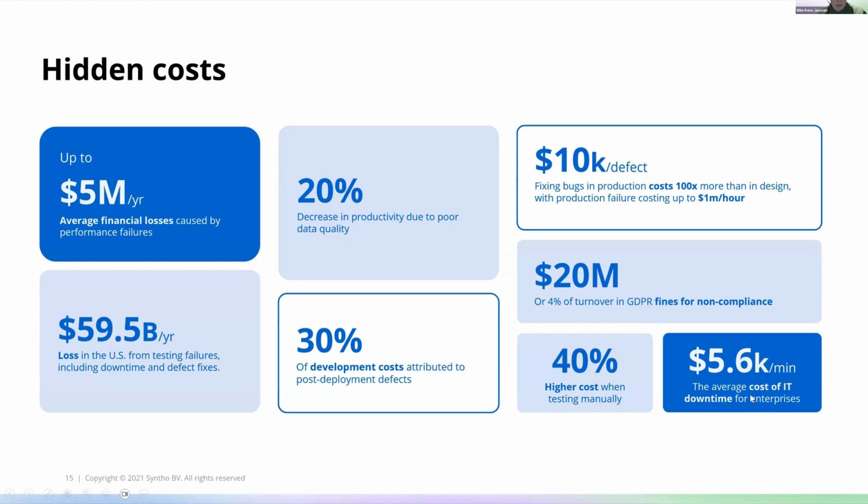Those are some numbers that are good to be aware of: testing and test data is not about finding bugs in itself. It's also about making sure that you do not end up in one of those baskets as an organization. You want to prevent those hidden costs from hurting your organization.